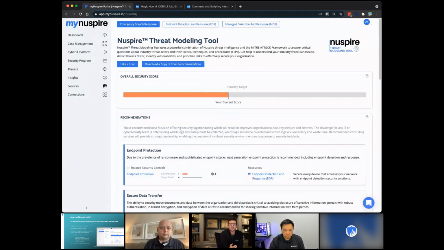Basically, what is the delta of what they need to protect against threats in their industry that they don't have? We can help them understand where they are today, where they need to be, and what to focus on in the middle. And that's really the power of our recommendations.